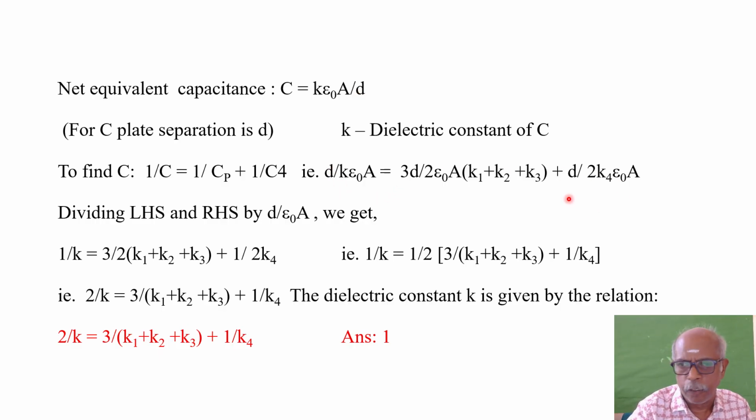So similar to this, dividing LHS and RHS of the equation by D by epsilon naught A. Now D will get cancelled. Epsilon naught A will also get cancelled.